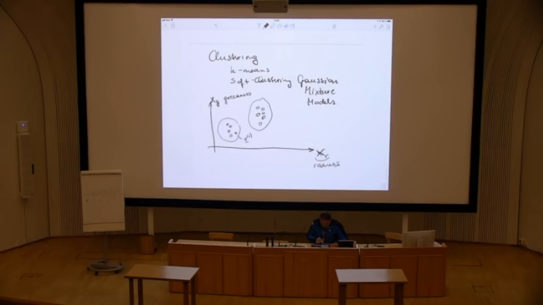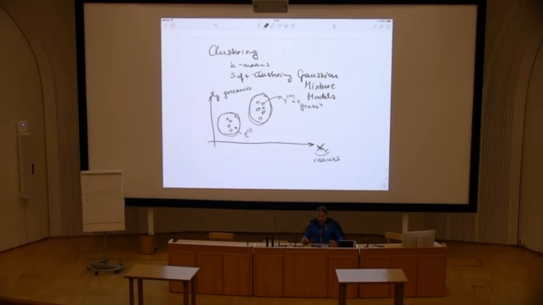Because once you have found these two groups, you just have to look at one snapshot, for example this here, and find out, aha, this is grass, because then you immediately know that all of them are grass, and in the other one there can only be no grass images. So if you manage to perfectly cluster the data set, you need only one labeled data point. And that hints already at the use of clustering methods.